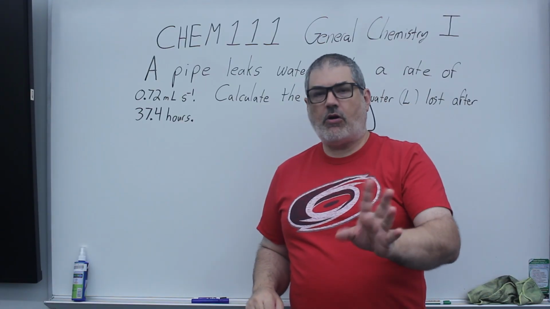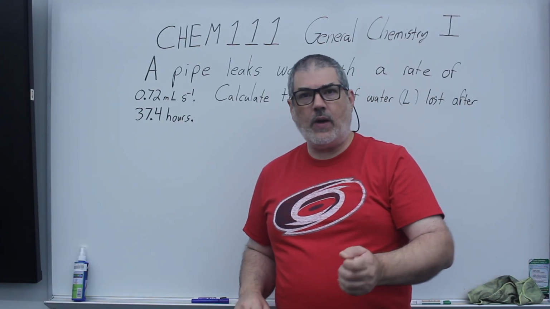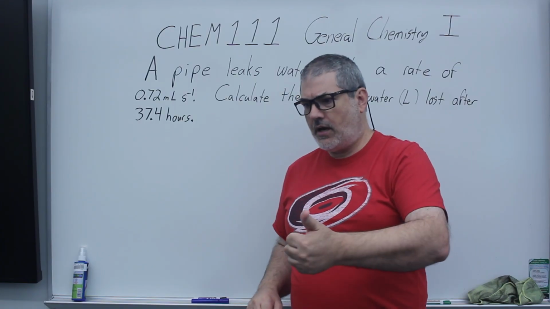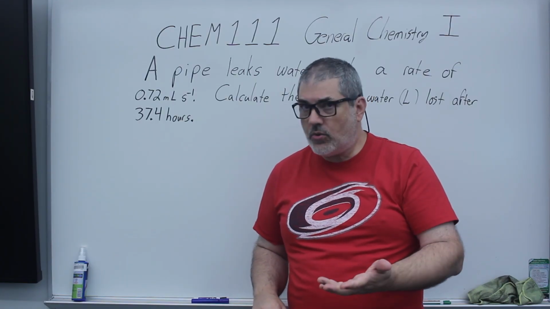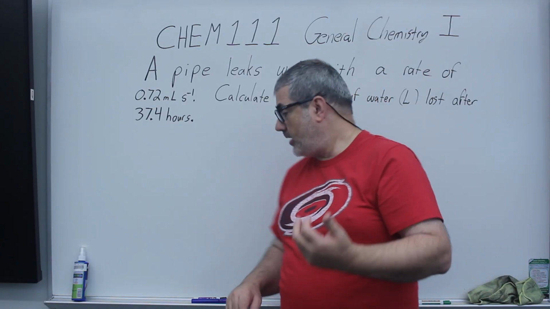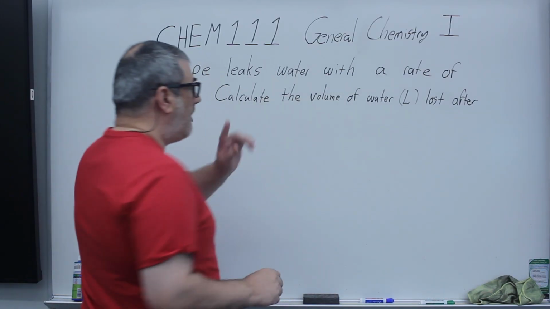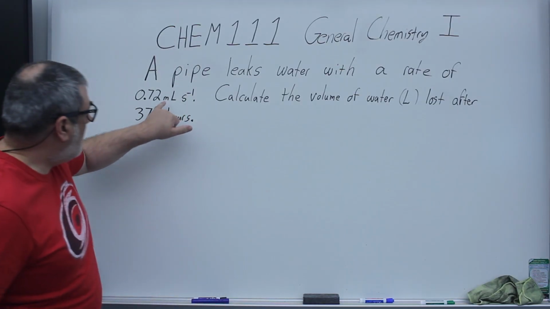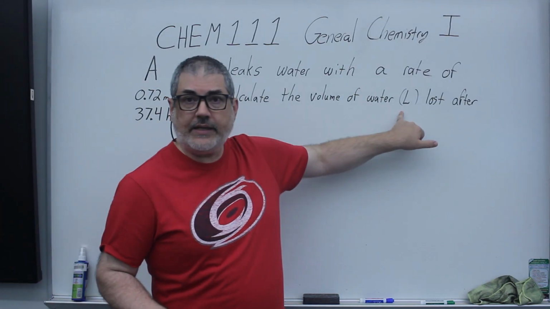Before we can solve it, there are a few things we need to know, and either there'll be an expectation that you know certain unit conversions, or other ones would be given to you, or you can look up. The metric system, we have milliliter to liter.